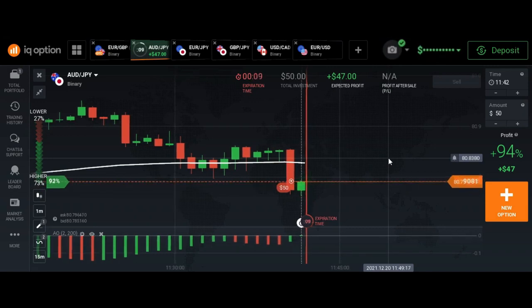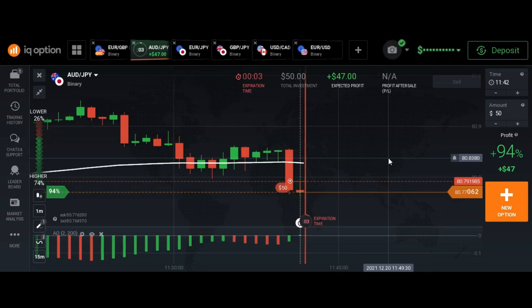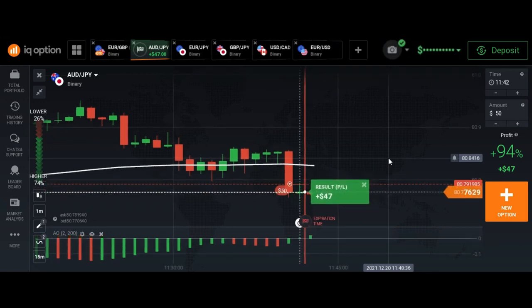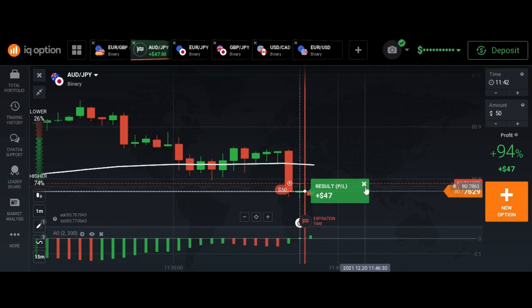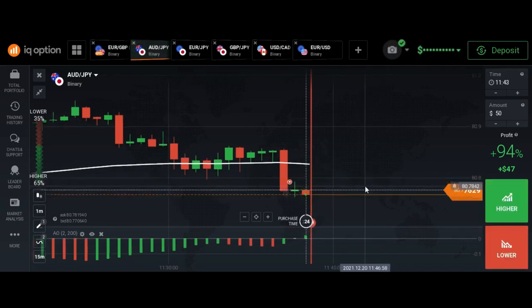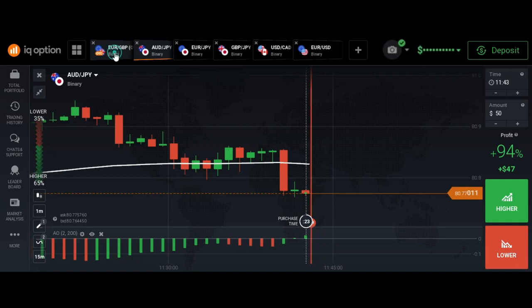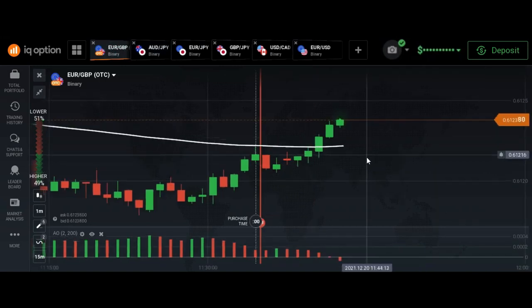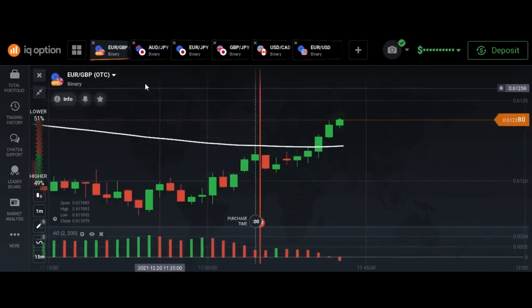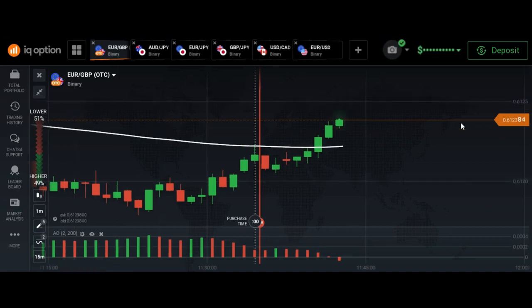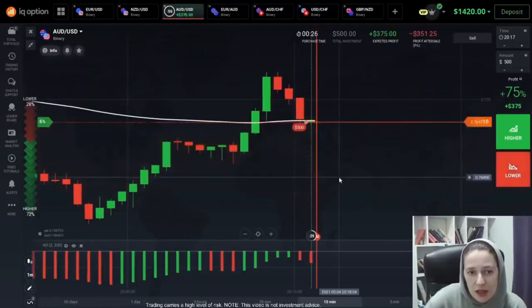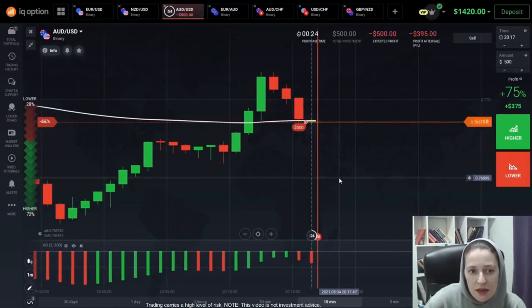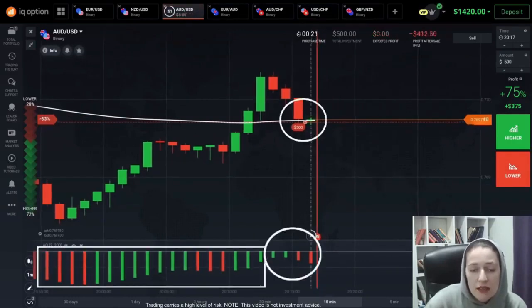I don't like to spend hours and hours to find a single entry, but that depends on each one. The strategy works and she clearly demonstrates it. I would like there to be more entry opportunities so I could make several trades in a short period of time. So that is the only defect I find in the strategy.